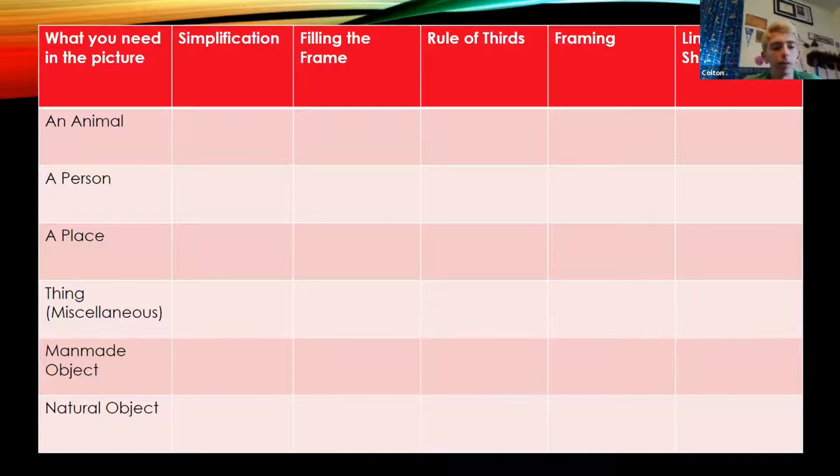Then I'd like a man-made object and a natural object, using each of these categories. So that's only 30 pictures in all, and you guys have 2 to 3 weeks to come up with this many pictures. And then I have another slideshow that's going to be put on Google Classroom, where each slide will have a title.